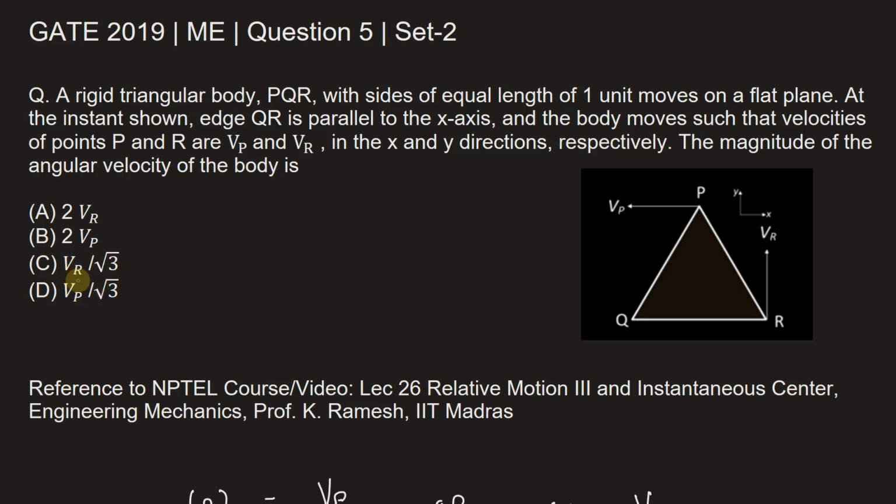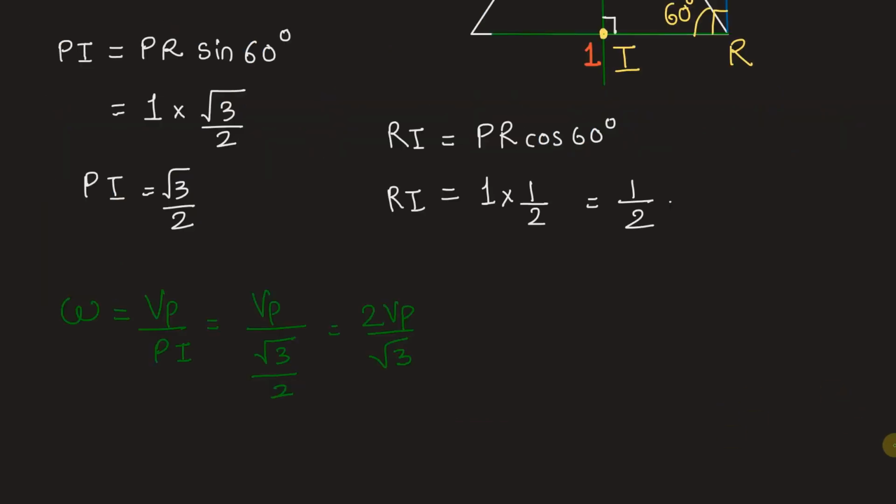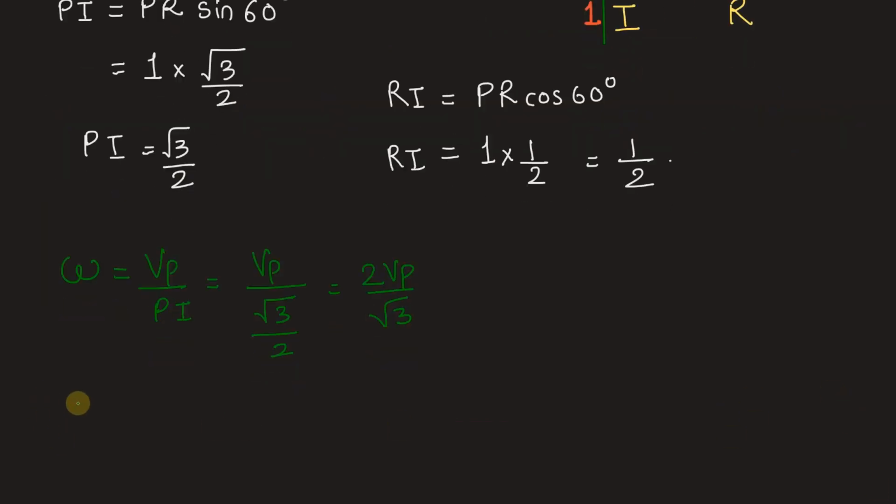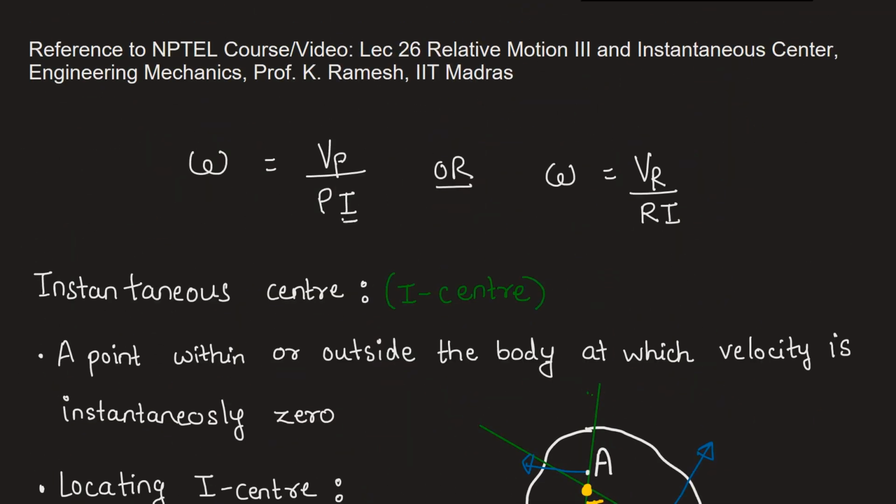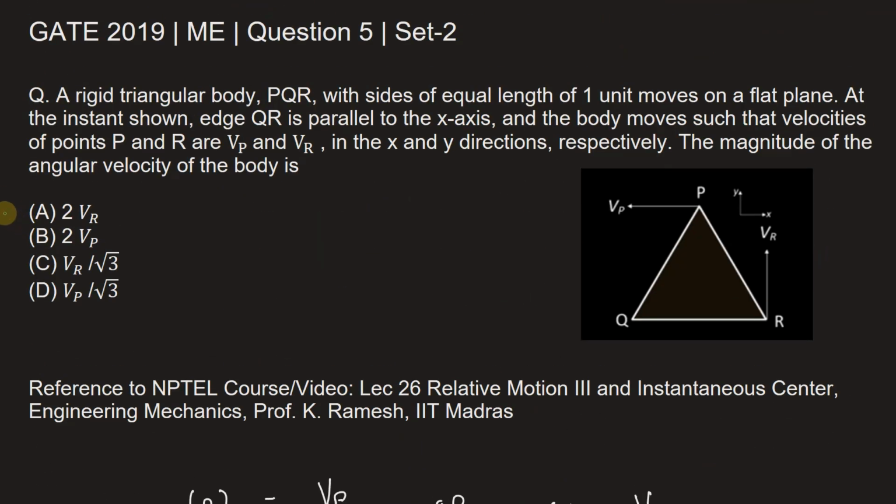From here you can get a clue that you will have to find the angular velocity in terms of Vr. Going back and finding the angular velocity in terms of Vr, which is Vr by RI, Vr upon 1 by 2, which is equal to 2 times Vr. So 2 times Vr is there in the options. It is option 1. So the correct answer is that the angular velocity of the triangular body is 2Vr.